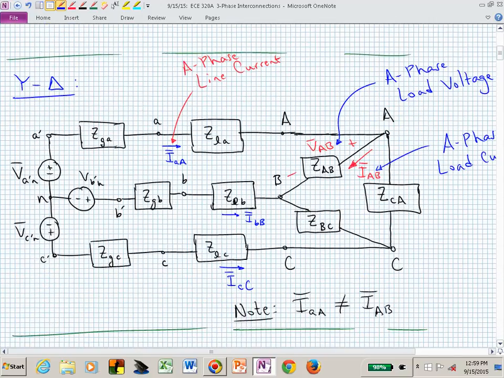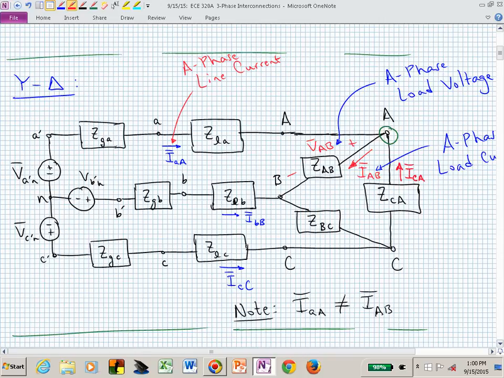Now to relate these line currents, what you could do is apply one of your favorites. You could do KCL at one of those nodes. Now you can see that I sub little a, capital A is made up of I sub capital A, capital B, and I sub capital C, capital A, by KCL.